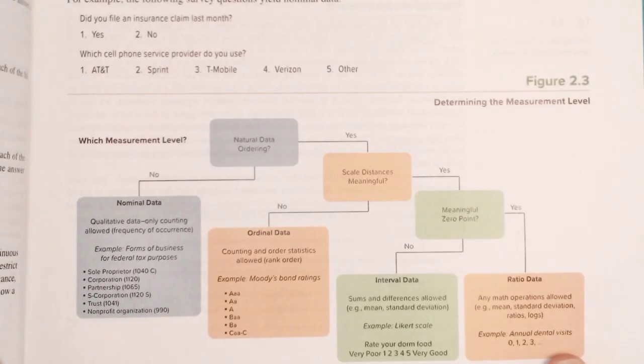Once I get up to ratio data, because I have a meaningful 0, I can do lots more complicated mathematics to it, including logarithmic behavior, ratio comparisons. I can divide data because I can remove the 0 when I divide. I can do all those sorts of appropriate, crazy mathematical things. A lot of data manipulation happens more with ratio data.